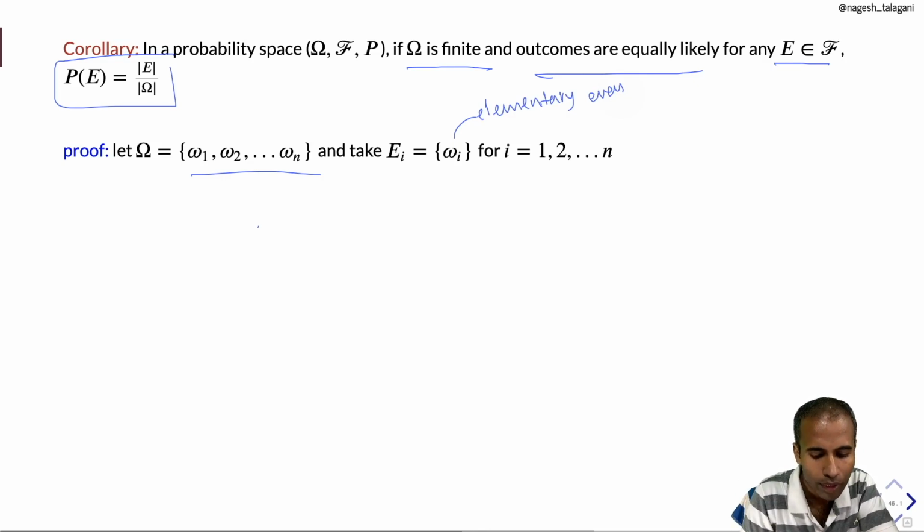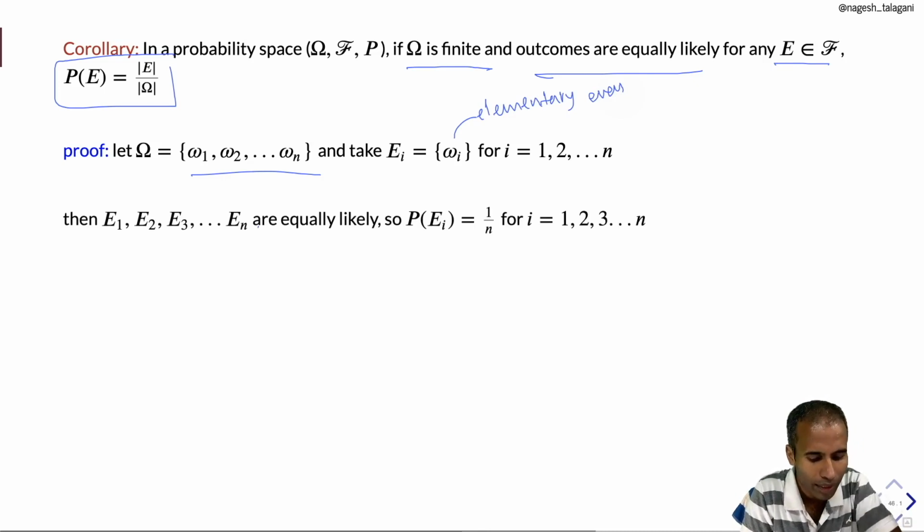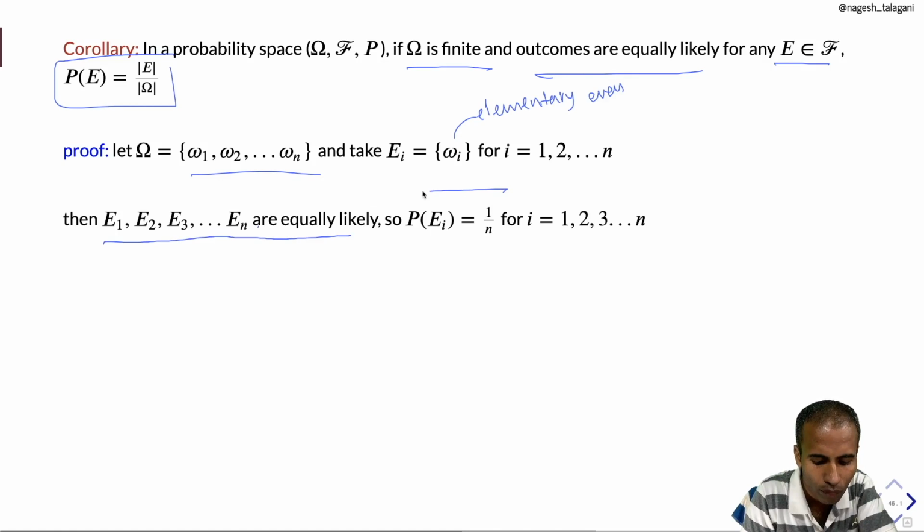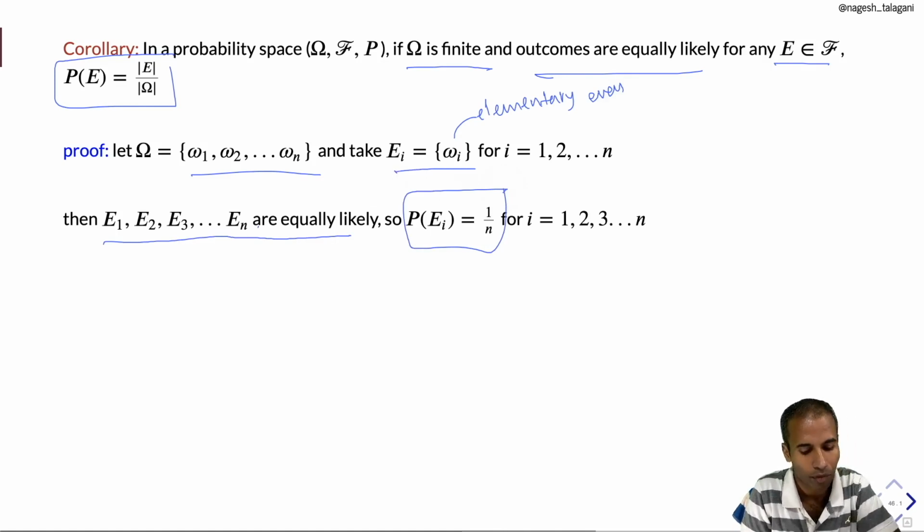So here E1, E2, so on, En are equally likely. From the previous theorem I can write the probability of Ei equal to 1 by n for all i equal to 1 to n. What is Ei? The singleton omega i.